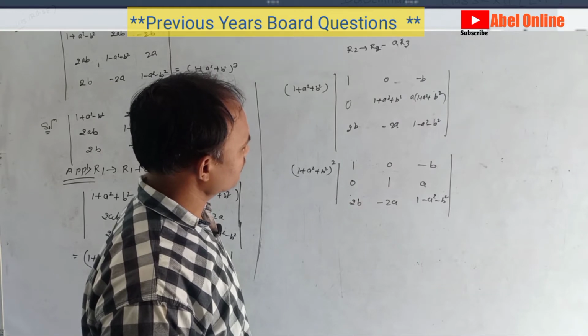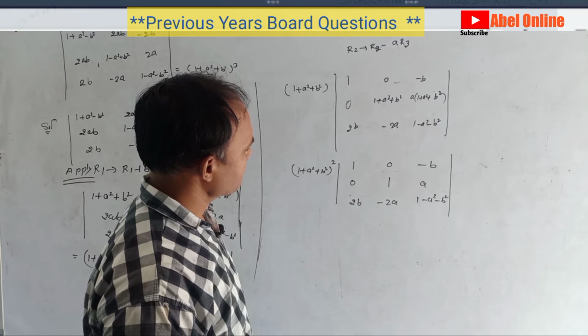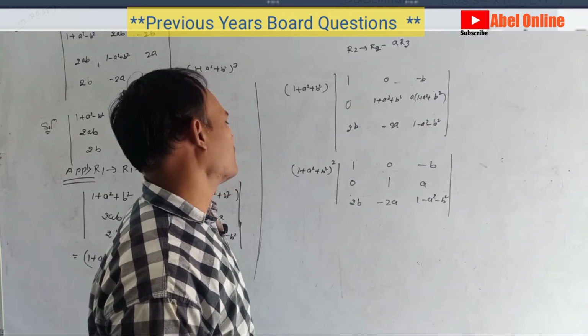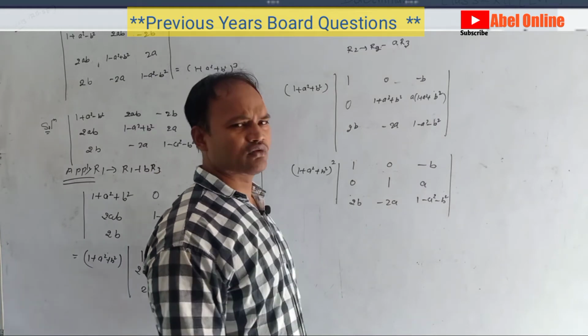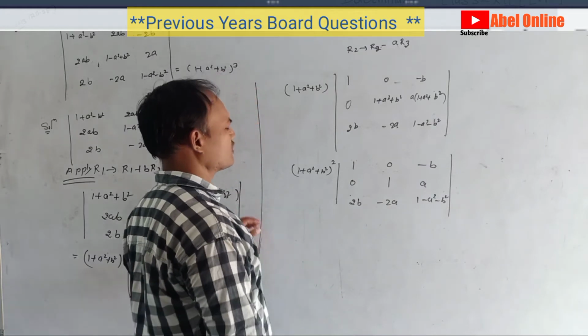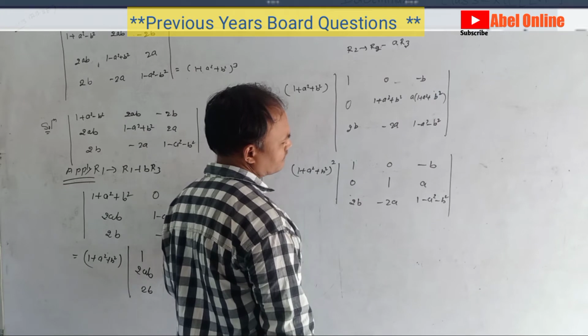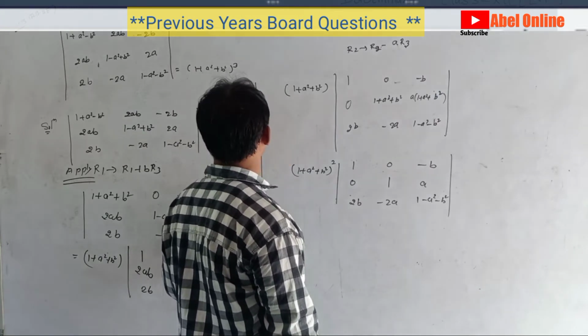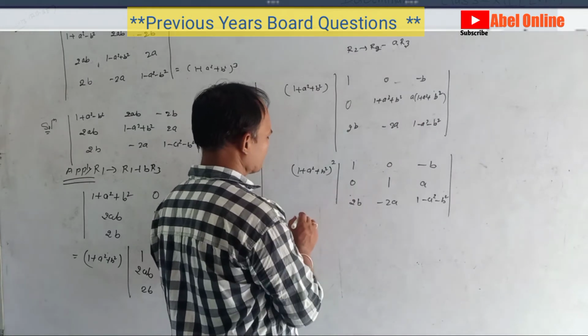Okay, now what operation we have to apply? I think it is enough, now we have to solve this question mathematically, we get 1 plus a square plus b square, one more. So I am going to apply this.